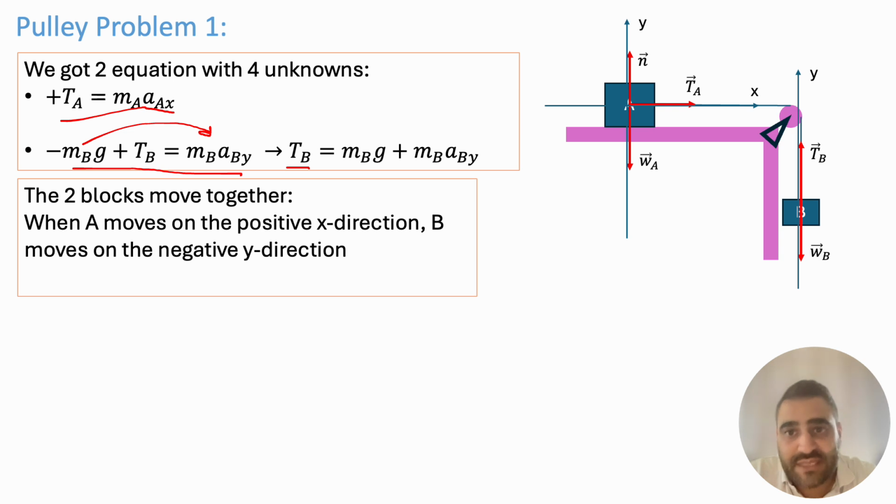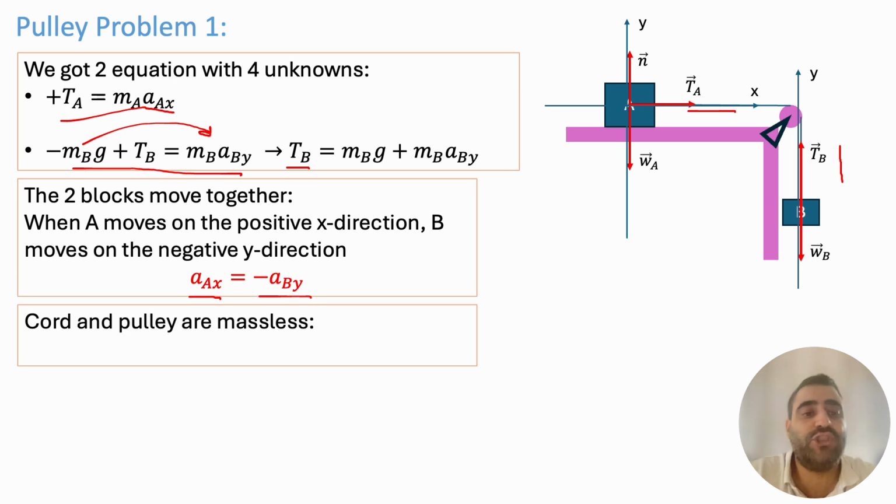If A moves in the positive x-axis, B is going to move in the negative y-axis, and vice versa. Even if I pulled A to the side, it's going to move this way, B is going to move the other way. So the acceleration of A on the x direction is equal to minus the acceleration of B in the y direction. Okay? So this is my third equation.